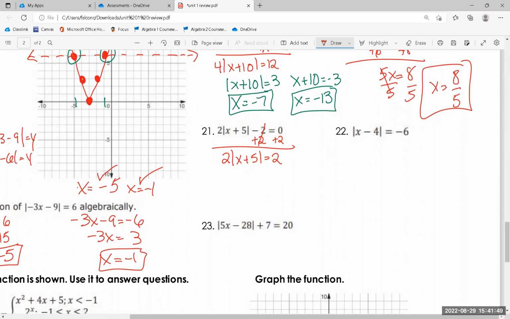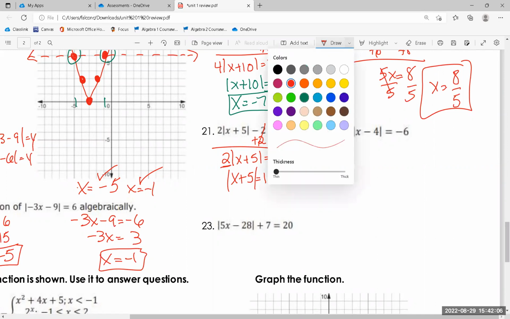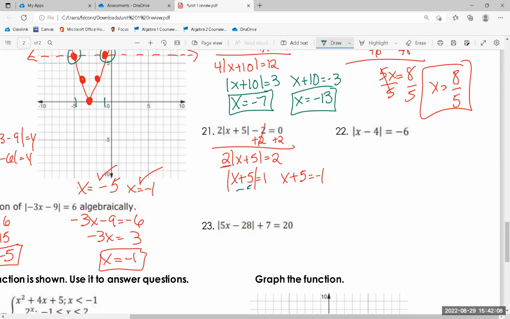So x plus 5 equals 1, and we also need to do x plus 5 equals -1. I divided both sides by 2 to get rid of this 2 in the front, that's how I got the 1, and then I'm doing the negative case now. To solve, we just subtract 5 on both sides. So x equals -4. Subtract 5 on both sides for the other one, so x equals -6.